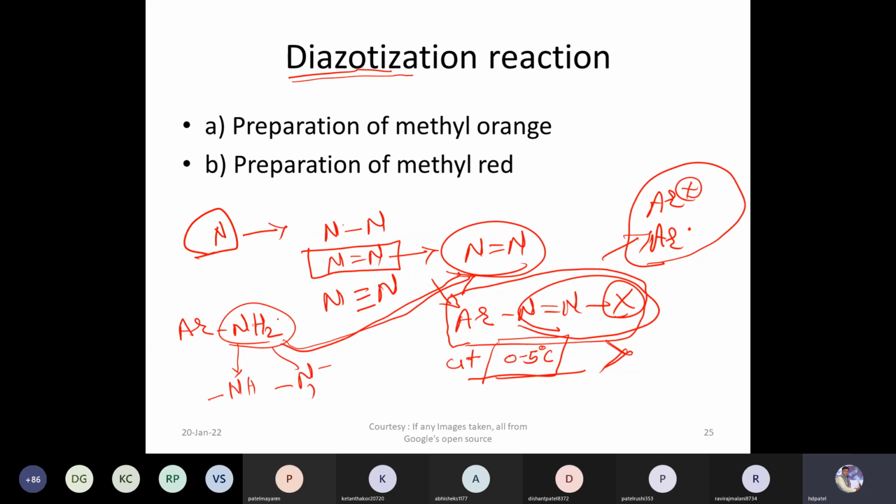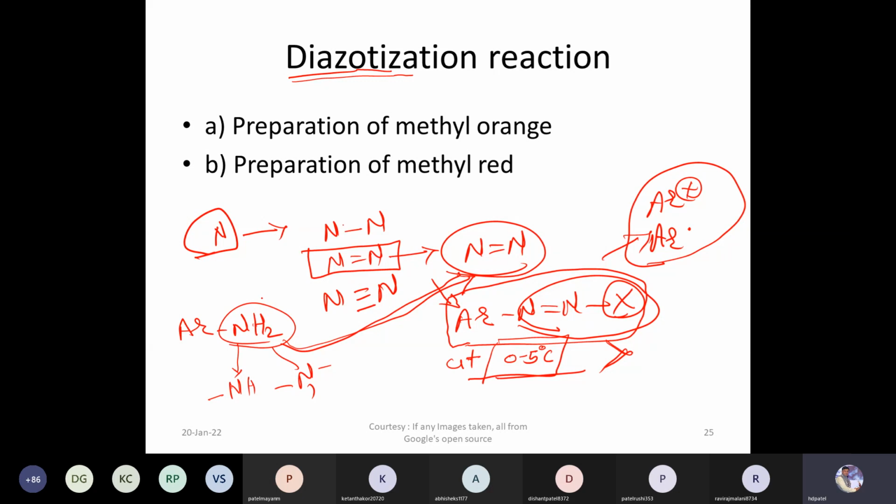You have performed it as a test, but now we are going to use this reaction for preparation of important dyes, that is methyl orange and methyl red. I think you have heard these words, methyl orange and methyl red. Both are known as indicators.